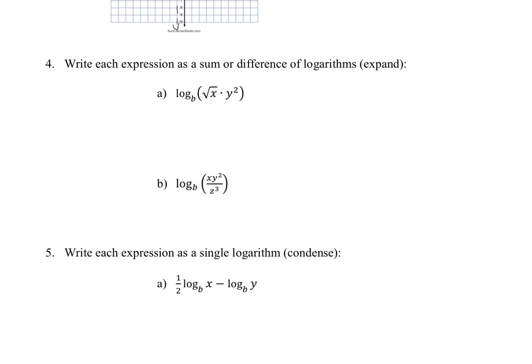Question 4, we're expanding. We have the product of these two terms here. So to expand, we're going to use the product rule. Log base b of the square root of x plus log base b of y squared. Remember, logarithms and radicals don't do well together, so I'm going to change the square root of x into x to the 1/2.